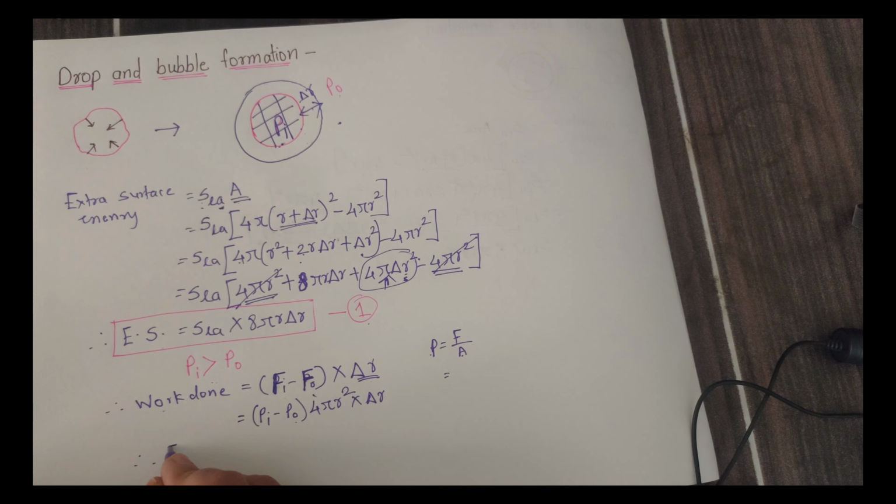So S_LA into 8 pi r del r is equal to (Pi minus P0) 4 pi r square into del r.